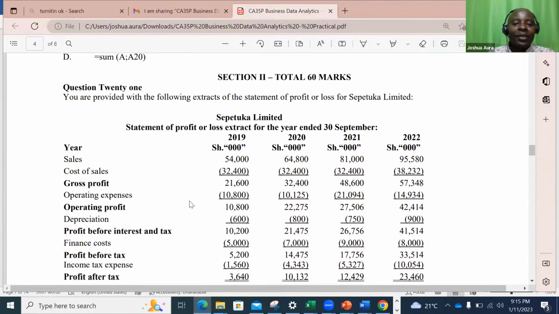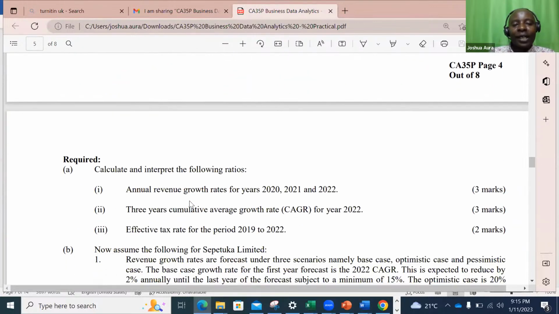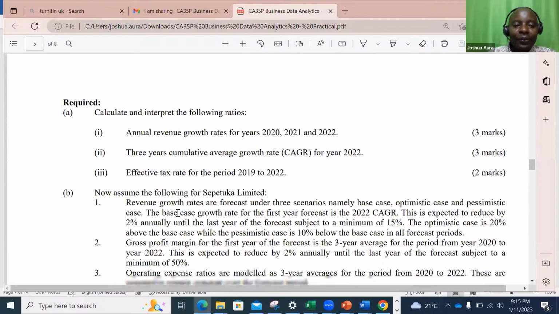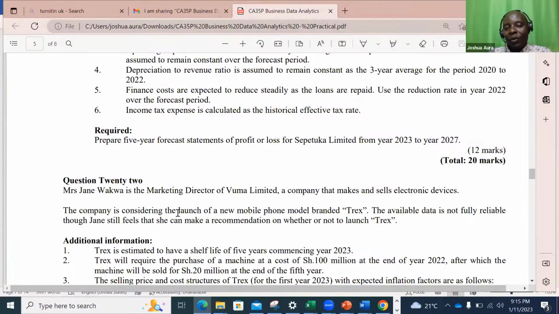Then we have section 2 here. Section 2, like here, calculate annual gross revenues, etc. Section 2, like this forecasting question was a heavy one, but I've been able to do solutions for them.